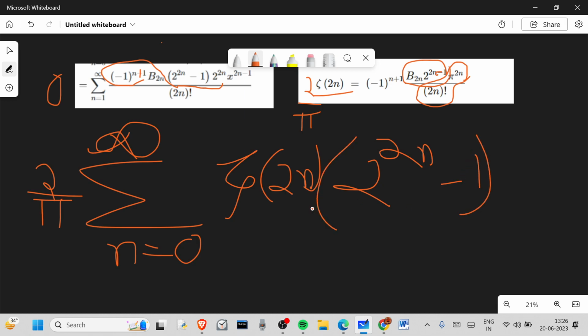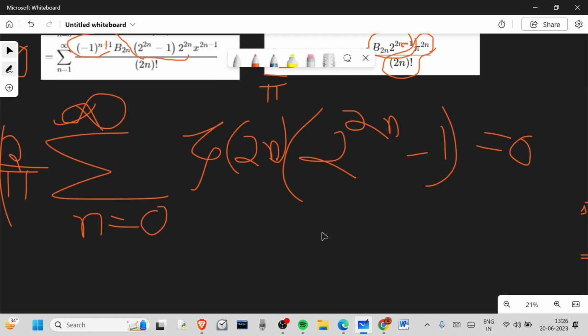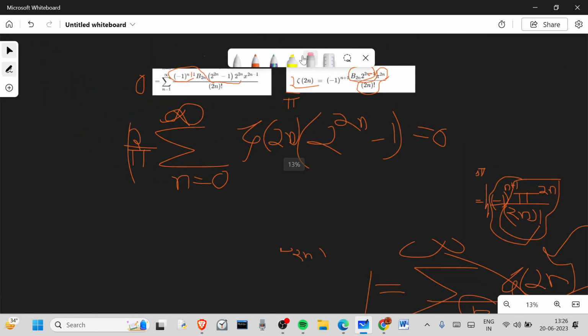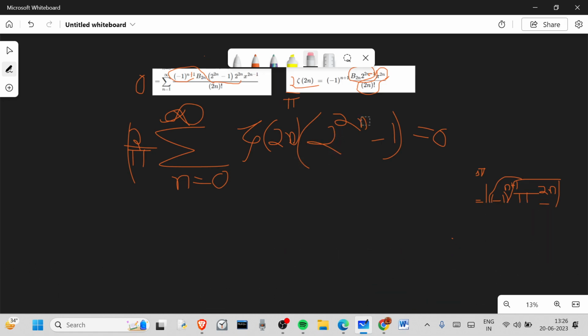It's a very interesting result, of course, equal to 0, and 2 by pi gets cancelled. I don't think I should have put n is 0 there, because n is not. Even if n is 0, then the term 2 to the power 2n minus 1 becomes 0, so it doesn't matter whatever I write. Just being a disciplinary student, I should put 1. So 2 by pi gets cancelled.